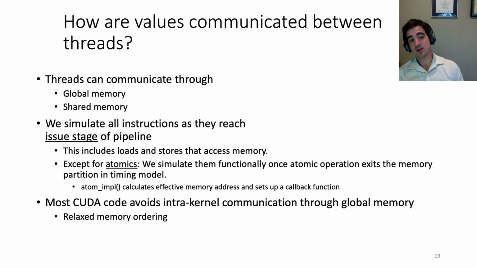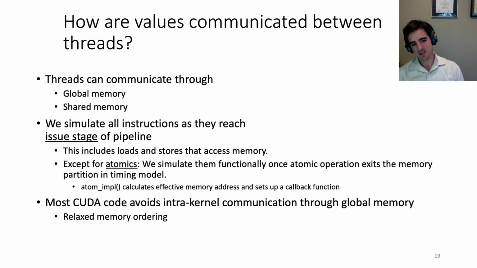This is particularly important for shared memory because that is consistent and coherent, because there's actually only one shared memory location. It's not like global memory where you have different caches where the data could potentially be out of date. And so that's basically the way the simulator works for passing memory between the threads.